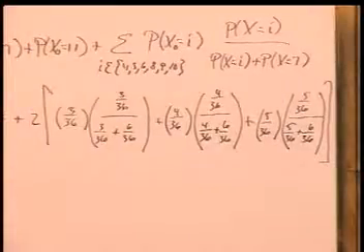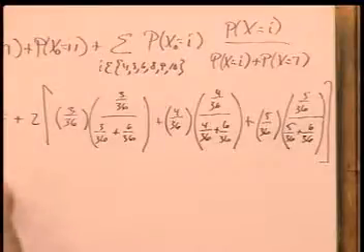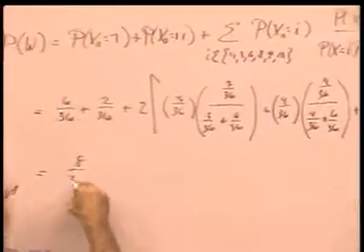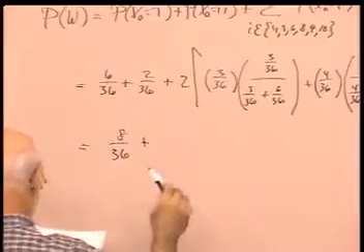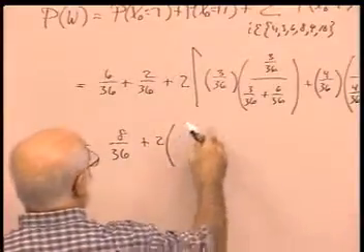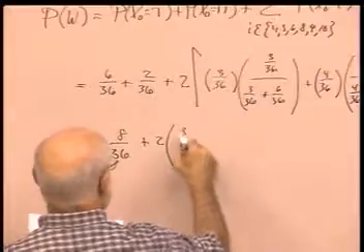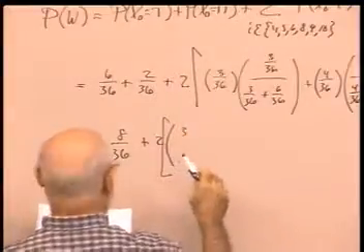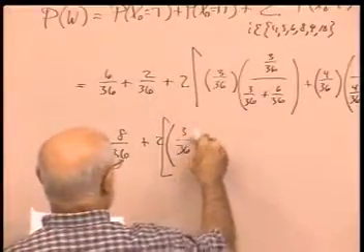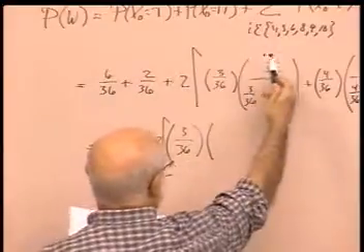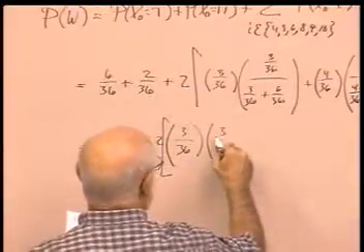And the rest of it is arithmetic. So 6 plus 2 is 8 over 36. And then I have 2 times, and now it's easy. Here I have 3 over 36. Let's see, put this thing here like that. 3 over 36 times, here the 36's cancel, and I get 3 ninths.